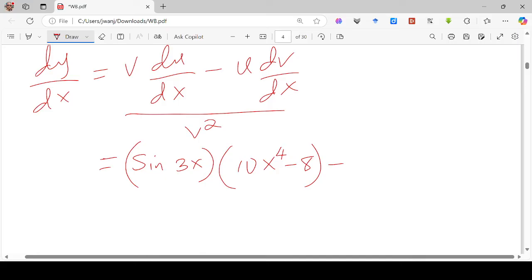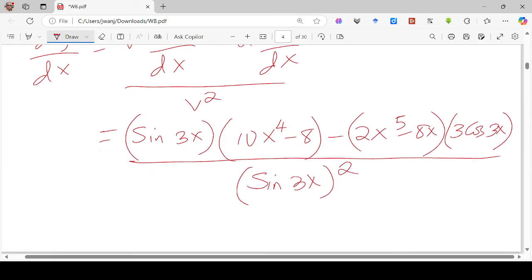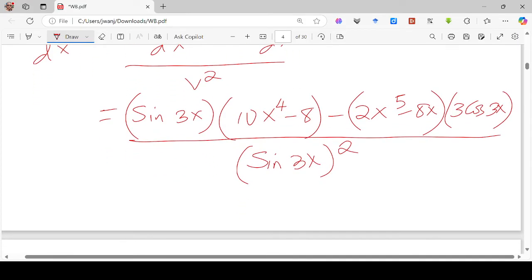U here is 2x raised to power 5 minus 8x, and this is multiplied by dv dx, and dv dx is 3 cosine of 3x. Then the whole of this is divided by the square of v, which is sine of 3x raised to the power of 2. So this is the derivative.